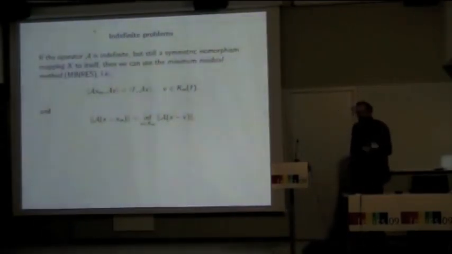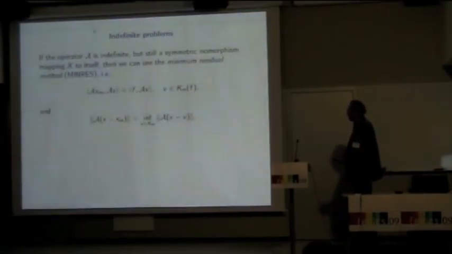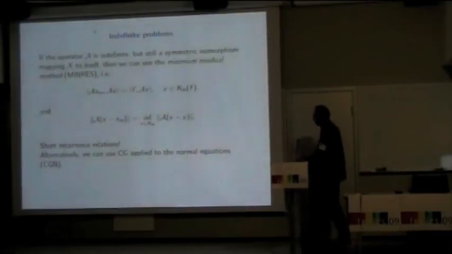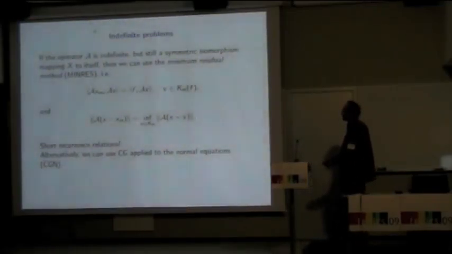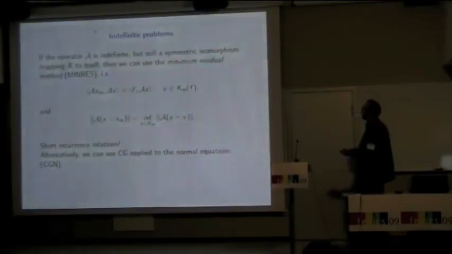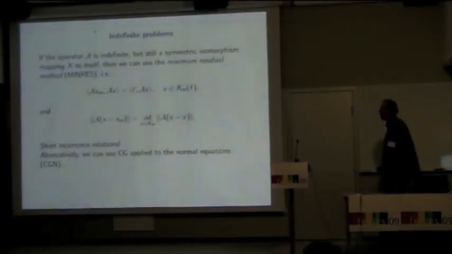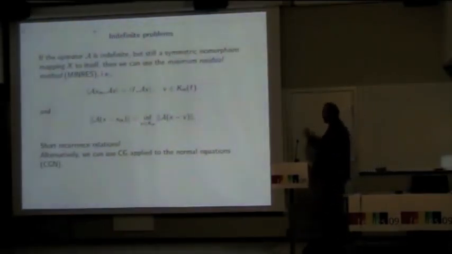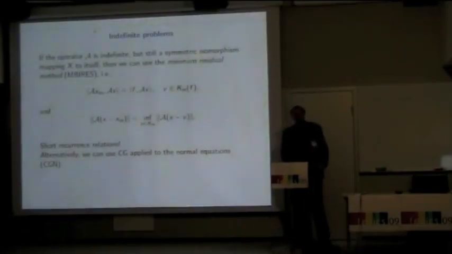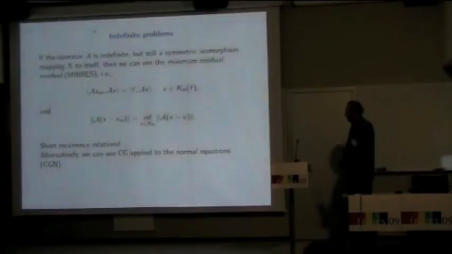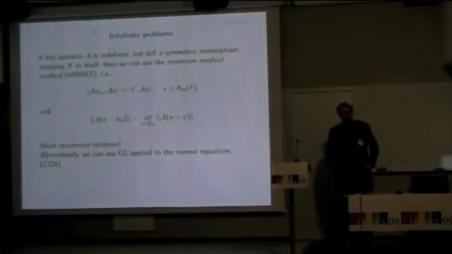So you just go away from positive definiteness, but still you can use a similar kind of method, and also for this one you get a short recurrence relation. The basic assumption for this is you need the operator to be symmetric. So in most of my examples, I will consider symmetric systems. So if I have a system that is well conditioned, then I can always think that I can solve it by any of these iterative methods.